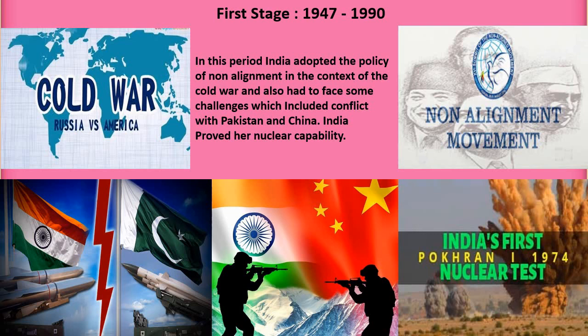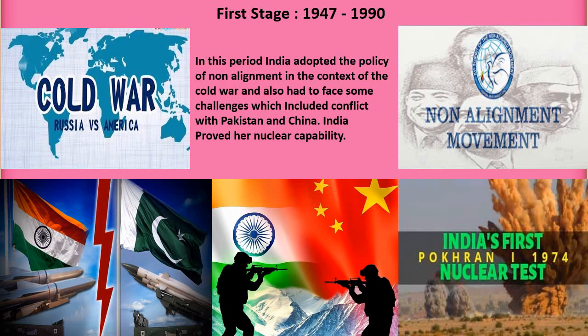India could not join either America or Russia during the Cold War period. As a result, priority was given to maintaining friendly relations with all nations and taking the help required for development from different countries.